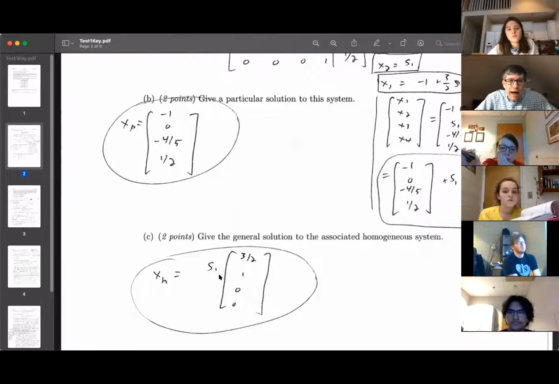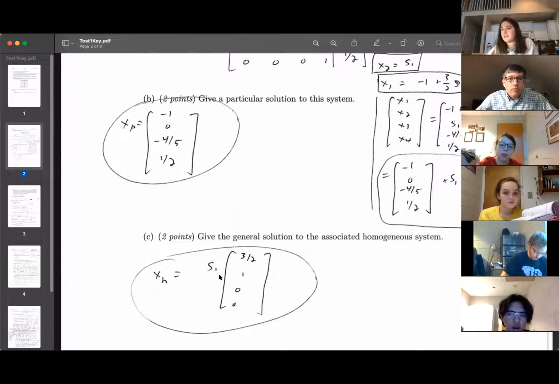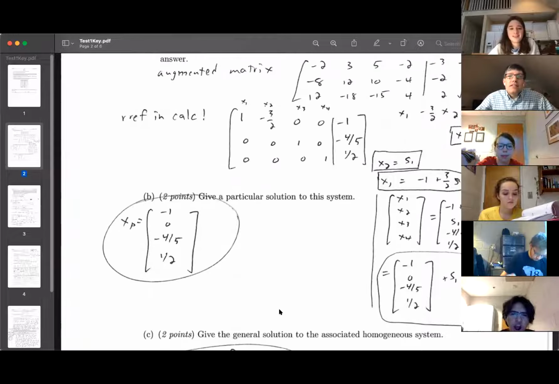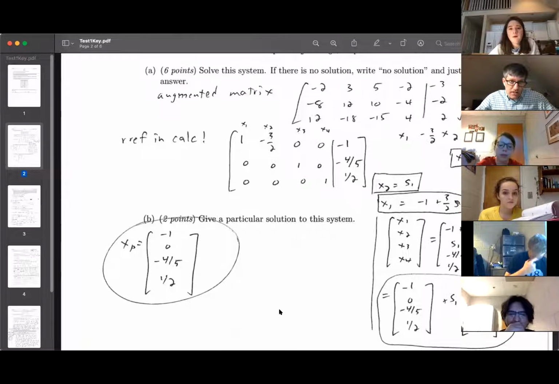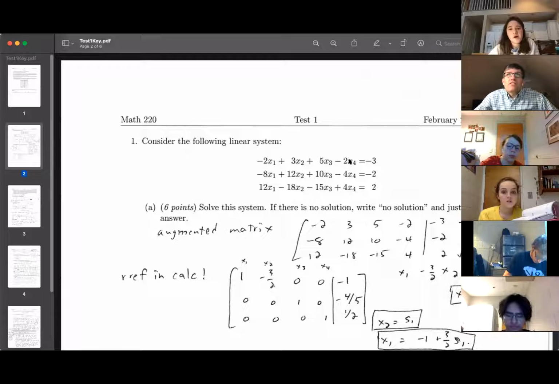So maybe your question is more about what an associated homogeneous system is, or what the point of all that is? Yeah, I know it equals 0 at one point and then it doesn't, but it's associated. Associated just means it's not this system, but one that's closely related to it, like a business associate. The associate would be if I took this whole system and replaced the -3, -2, and 2 with 0, 0, 0.